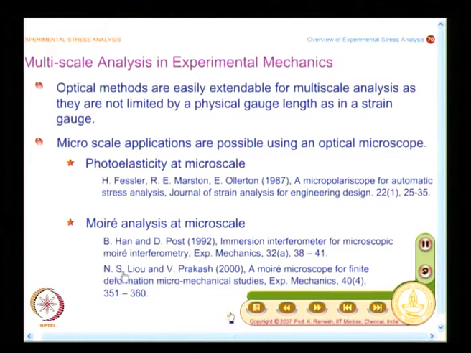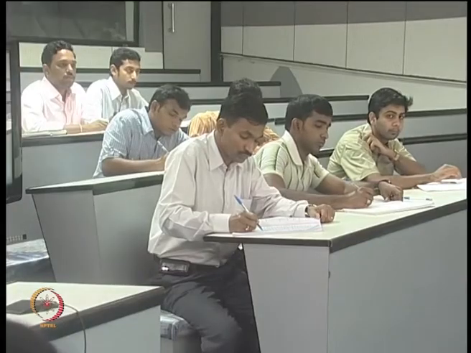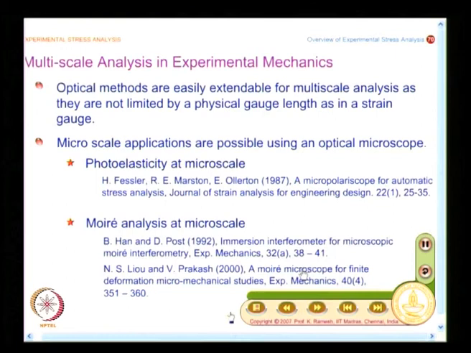So, just write the first author, year, abbreviated name of the journal and the page number. This information is sufficient for you to look for these journal papers later, and likewise we are going to do it for each technique, what is the available reference, some of the key references.